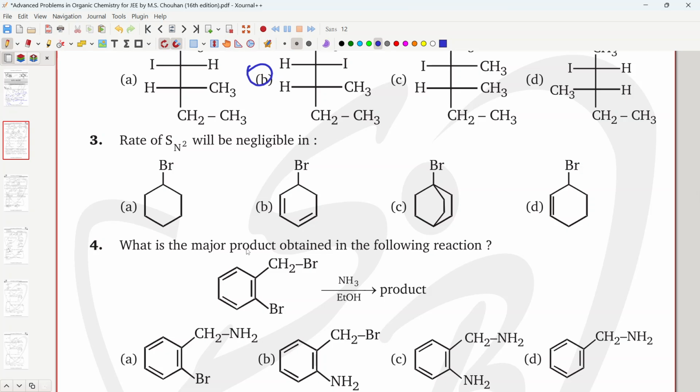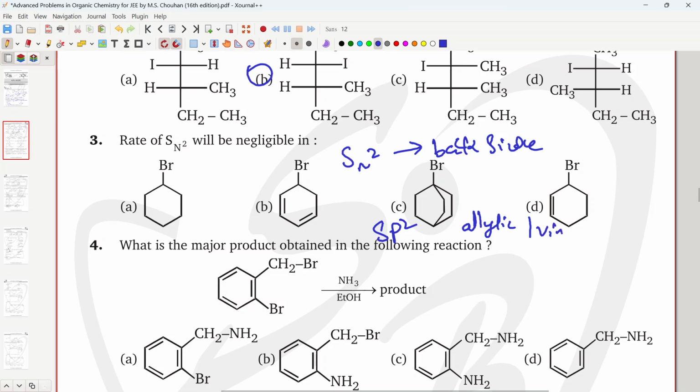Now, which has a negligible rate of SN2? We know that SN2 requires backside attack, and if the carbon bearing Br is attached to an sp2 carbon of a double bond, like vinyl, the restrictions or geometry block the backside attack, and it becomes very difficult.